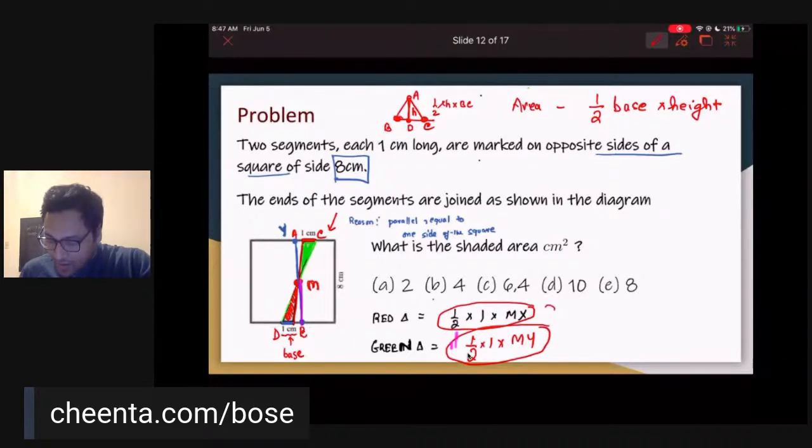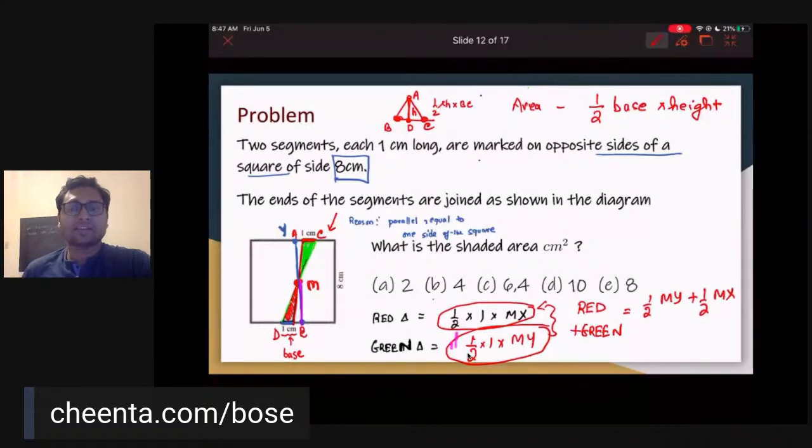Correct? So if you want to add the red and the green, what do you get? The red plus the green is half times MY plus half times MX, right? It's half of MY plus half of MX.